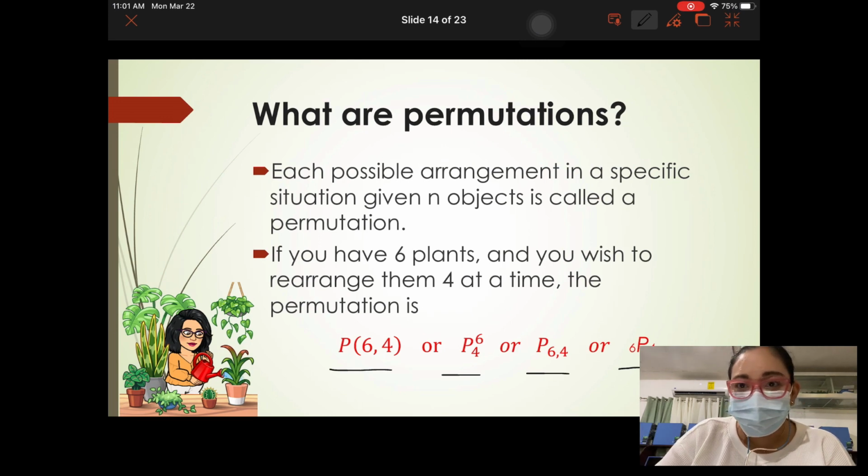So, meron kang 6 choices. Tapos, 4 lang yung kaya ng shelf mo. Okay? Bilang plantito or plantita, meron kang 6 na plants, tapos i-arrange mo siya sa iyong mahiwagang shelf, diba? Pero, 4 lang yung kasya doon sa shelf na yun. So, paano mo silang i-arrange or how many possible combinations can you make?